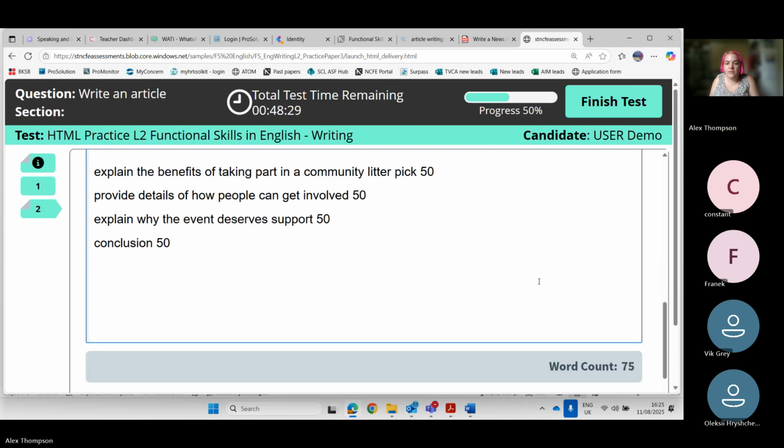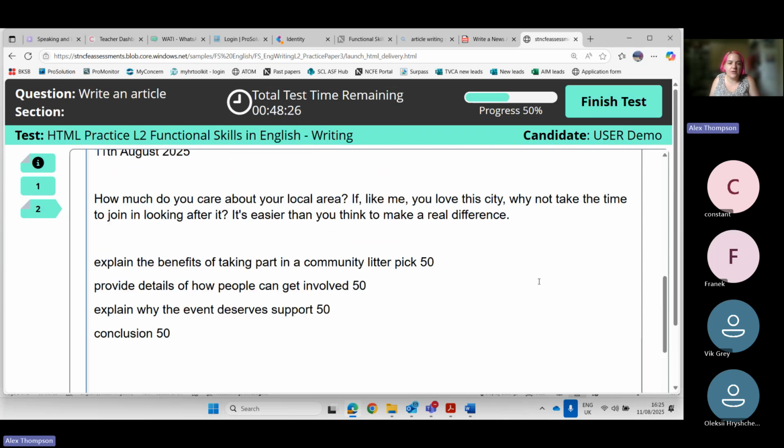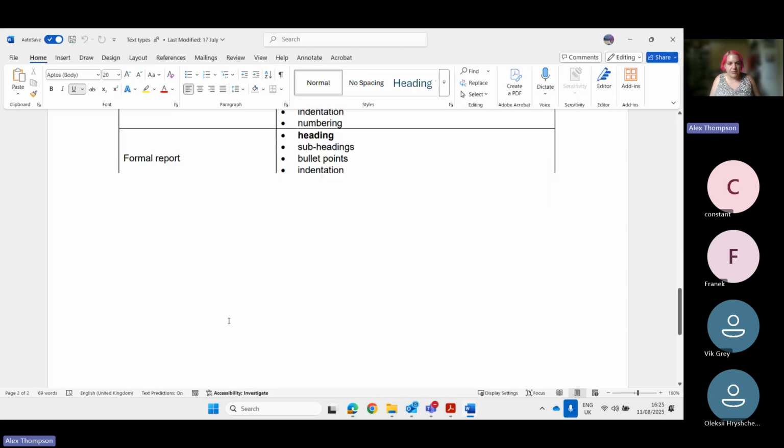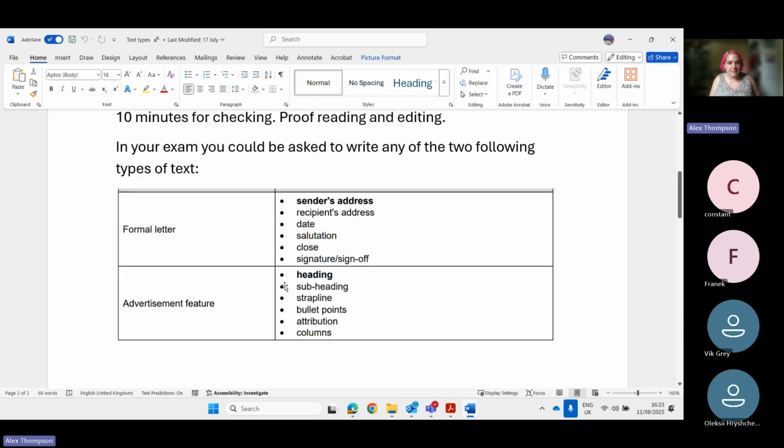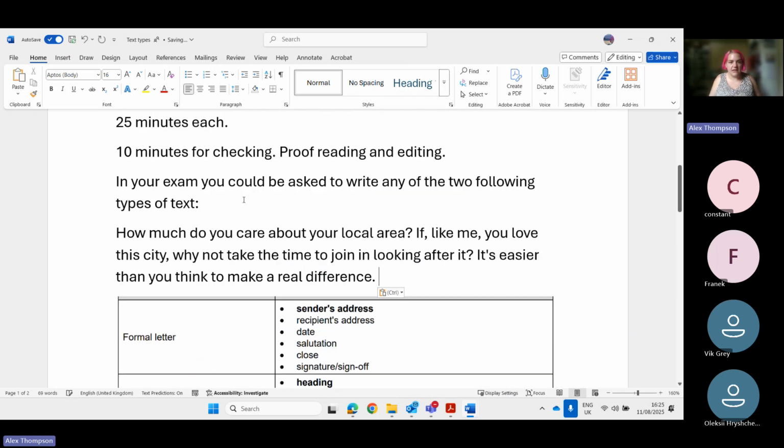Now, we've written, it says 75 words, and I understand a good amount of that is just my notes to start with. But as a sort of opening sentence, let me just do a quick word count. I'm not going to go through and read them all because there are only so many hours in the day. Word count 37.